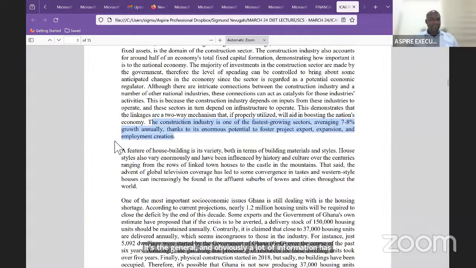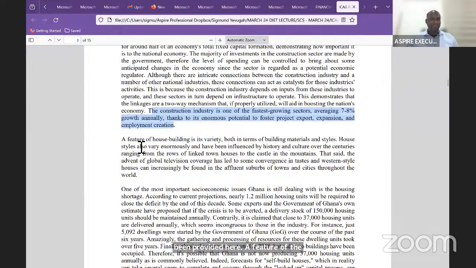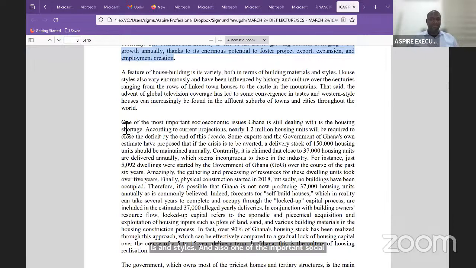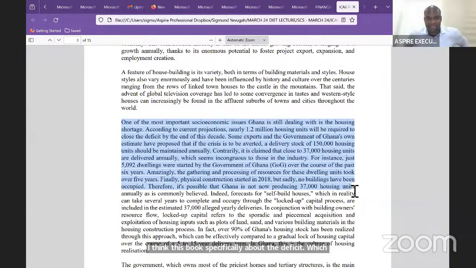A feature of house building is its variety, both in terms of building materials and styles. And also one of the important social and economic issues in Ghana, I think they spoke specifically about the deficit, which gives us a major opportunity because in Ghana, there is a very huge deficit in housing.